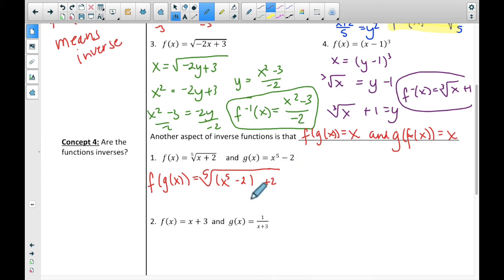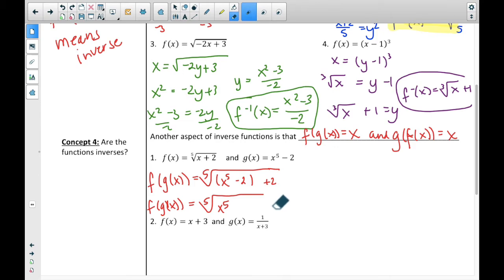Well, if I look at this, I can simplify that stuff inside the parentheses there. Because negative 2 plus 2 is just 0. And so those add up and they kind of drop off there. So really, I can just simplify that to f of g of x is the fifth root of x to the fifth. And we know, because we've talked about this last week, that the fifth root of x to the fifth is just x.